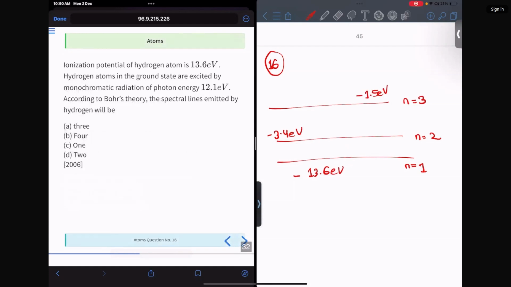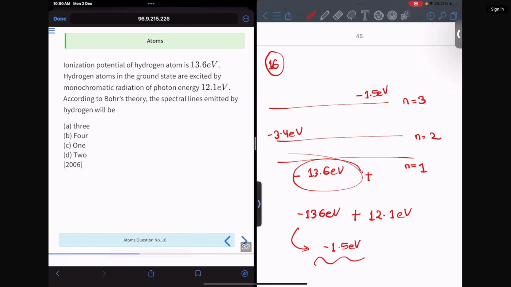Okay, so when you give an energy of 12.1 to this state, it has minus 13.6 electron volt. Then you gave an energy of 12.1 electron volt. So the total energy here will be minus 1.5 electron volt.